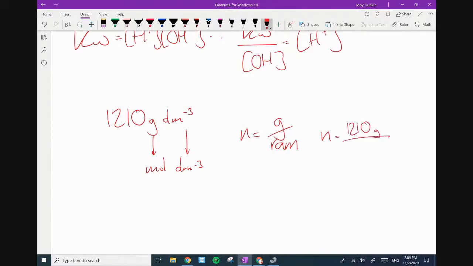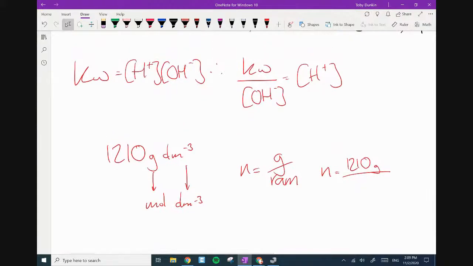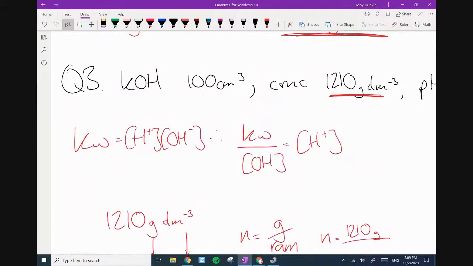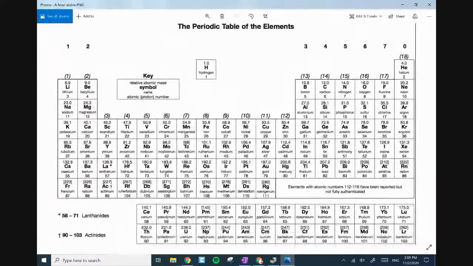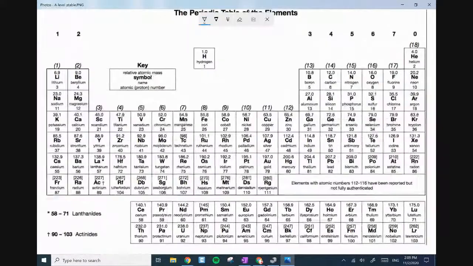1,210 grams divided by, what does KOH weigh? Well, I'm going to need a periodic table for this now, guys. Potassium, I believe, is 39.1. Yay! 39.1. So 39.1 plus 16.0 plus 1.0 gives me 56.1.